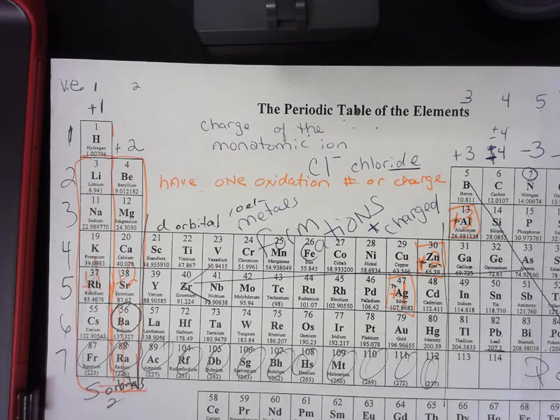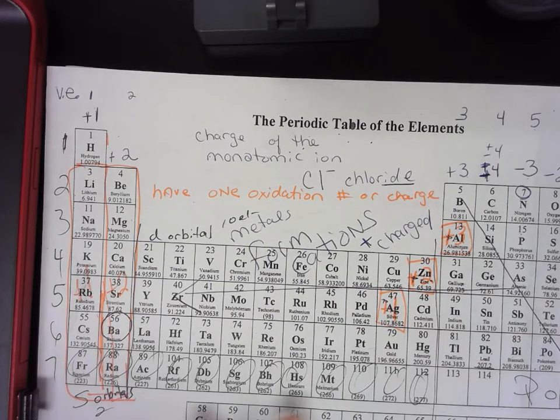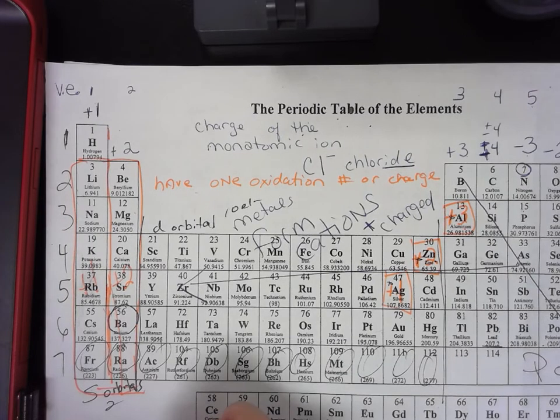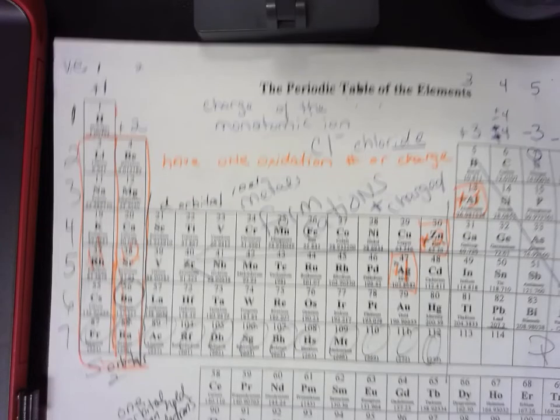We want to remember, while we're talking about these orbitals, one orbital can hold 2 electrons. Okay, so one orbital can hold 2 electrons.